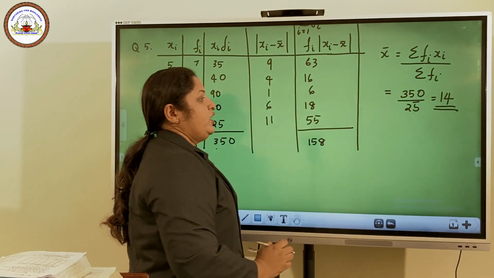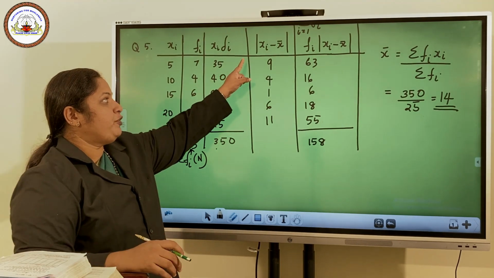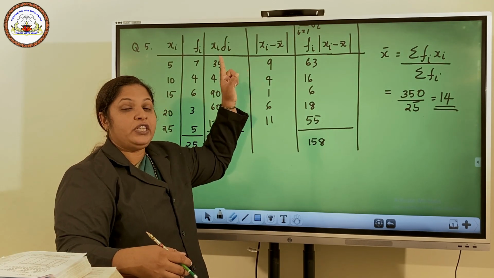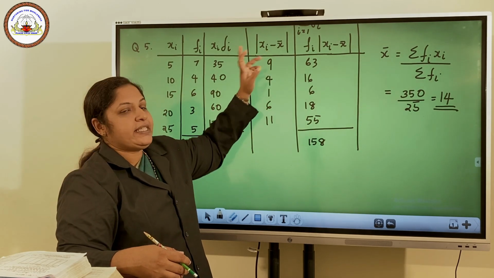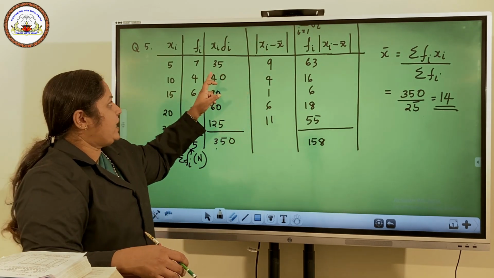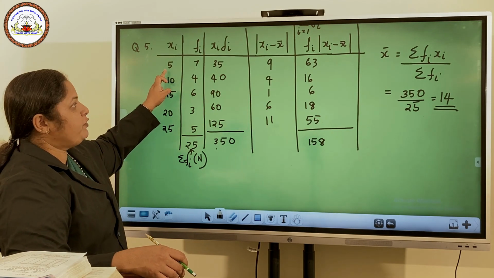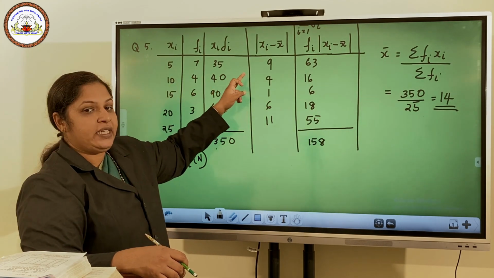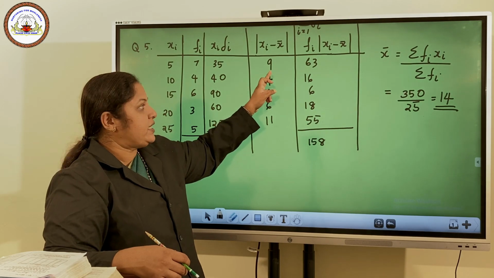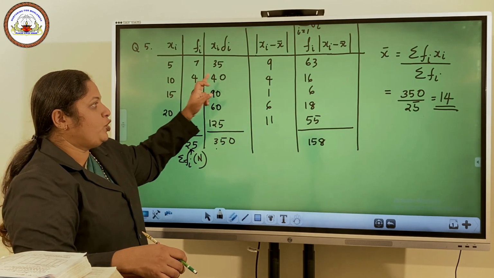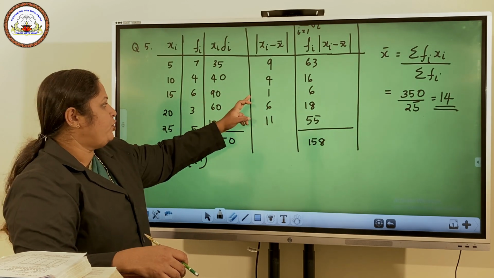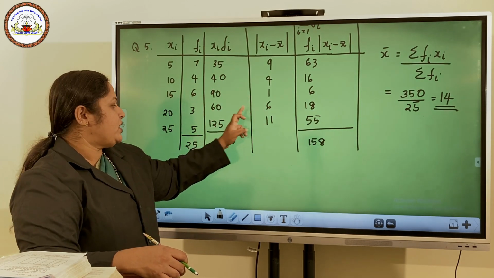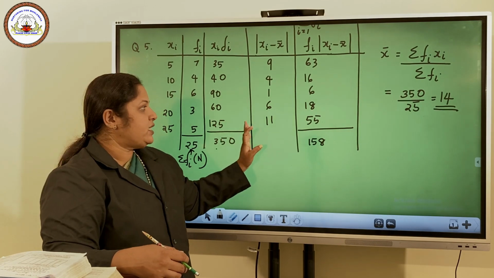Now, in order to find the mean deviation, you have to find the absolute value of the deviation of each observation, so modulus of xi minus x bar, that is xi minus 14. 5 minus 14 is minus 9; taking the absolute value, it is 9. Similarly, 10 minus 14 is minus 4; the absolute value is 4. 15 minus 14 is 1, 20 minus 14 is 6, and 25 minus 14 is 11.